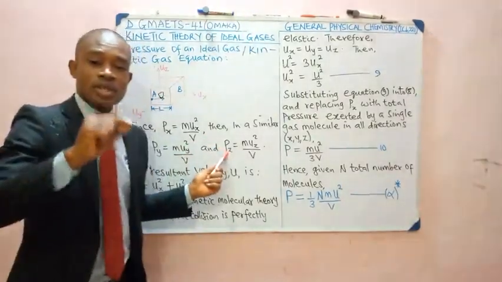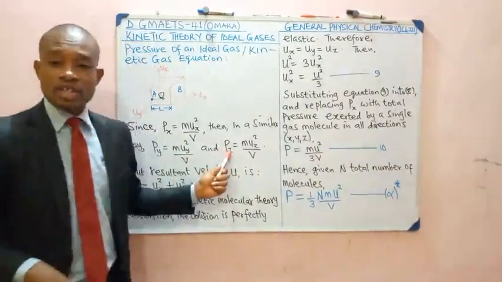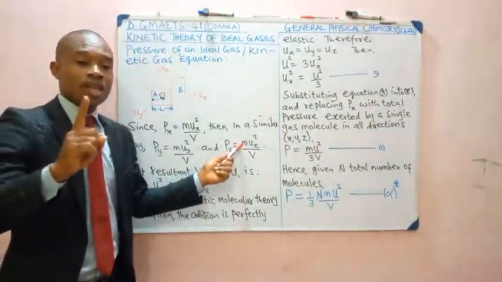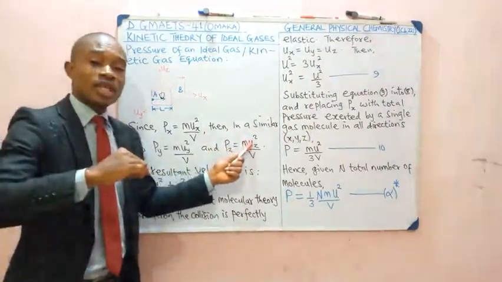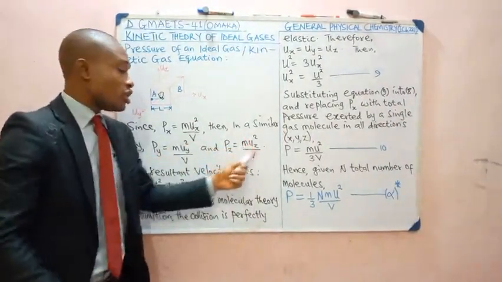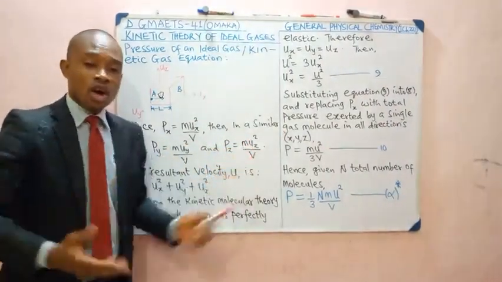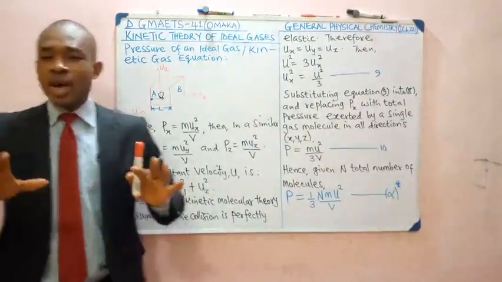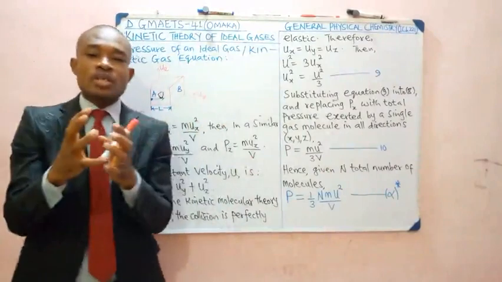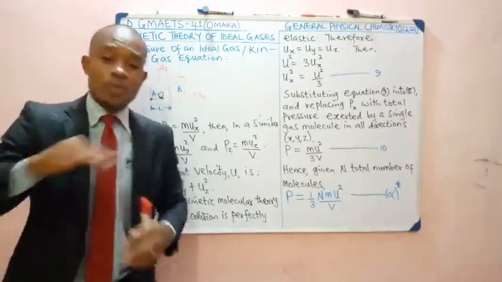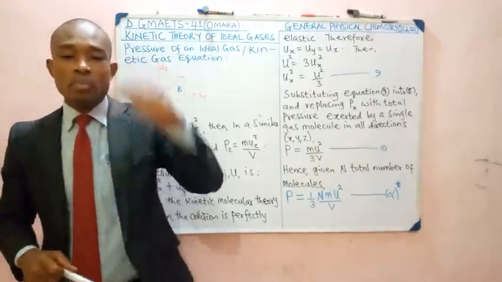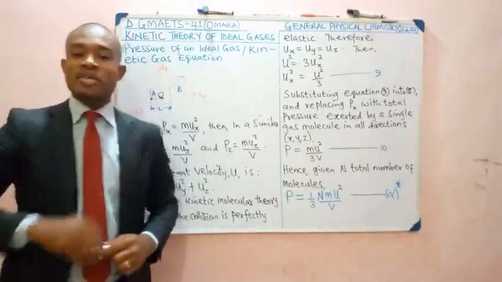Similarly, the pressure exerted by mass of one molecule in z direction will be equal to the mass of that one molecule times the square of the velocity in that z direction divided by the volume V of the cube of the containing vessel. Now our aim is to put all these pressures together in order to get the total pressure exerted by the total number of molecules in the gas system.